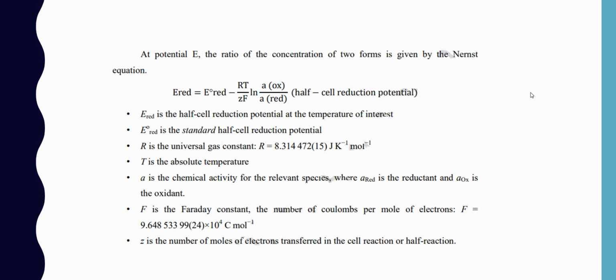It is mostly not asked in GPAT, but a few things you should know: R is the universal gas constant and the value of R is 8.314 joule per kelvin per mole. F is the Faraday constant, the number of coulombs per mole of electrons, F equals 9.64. You have studied all this already and can just revise it. Not much has been asked on this.